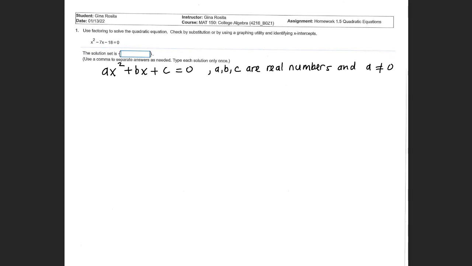Okay, x squared minus 7x minus 18 equal 0. So we can see a, b, and c.